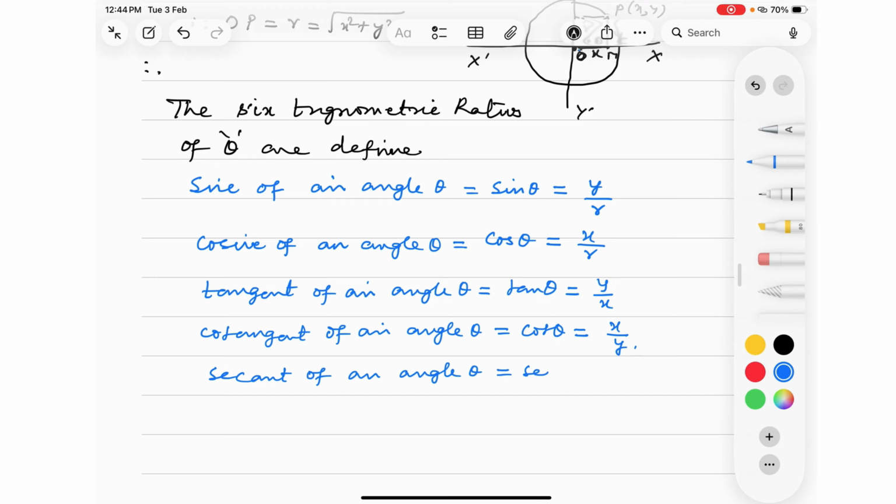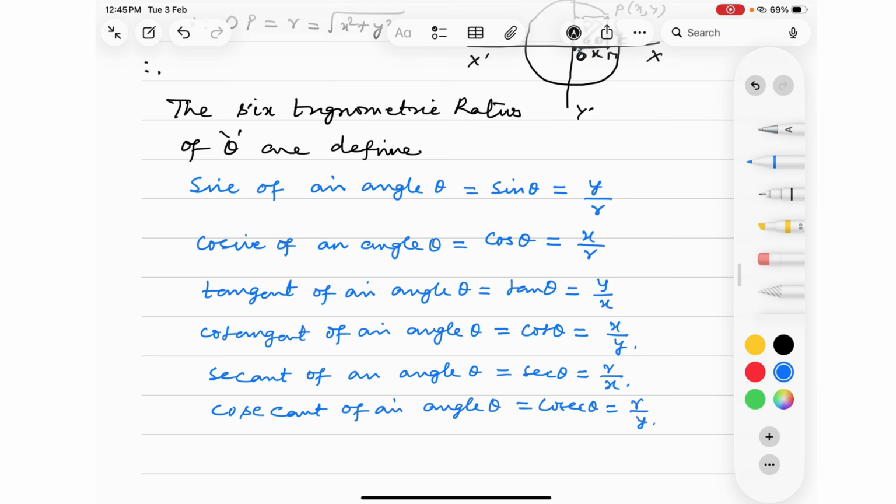In short, we write it as sec theta. It is equal to r divided by x. And the last trigonometric ratio is the cosecant of an angle theta. In short, we write it as cosec theta. It is equal to r by y.